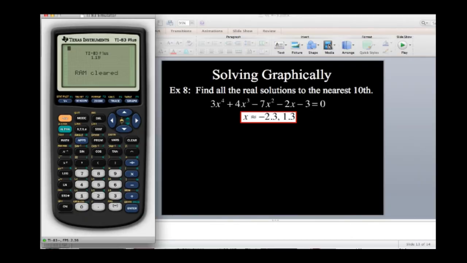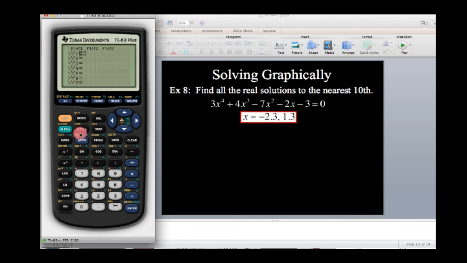For example 8, we're going to solve this equation graphically, and you can see the answer is already there, and we're going to round to the nearest tenth. But the way we do this is, of course, we're going to go to the y equals, and we're going to enter in this equation. Well, the left-hand side and then the right-hand side.